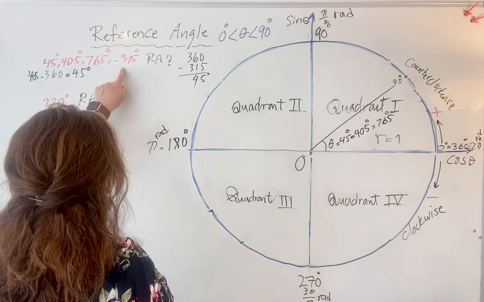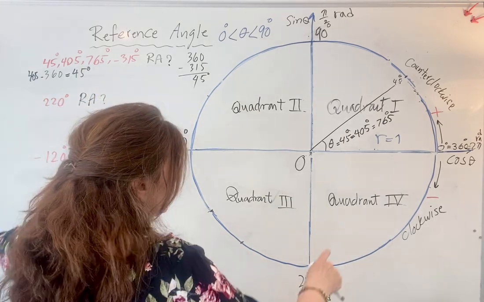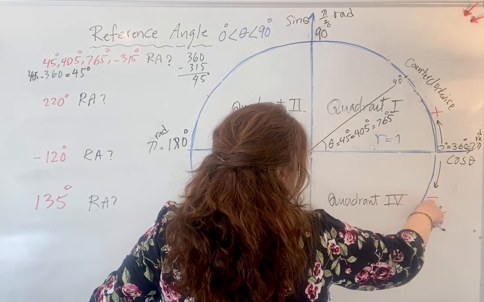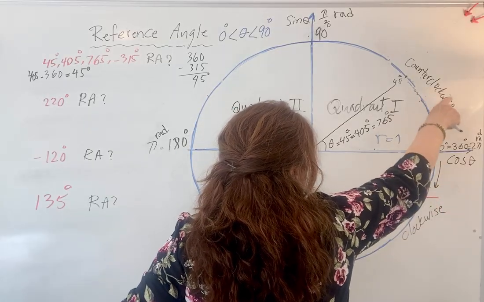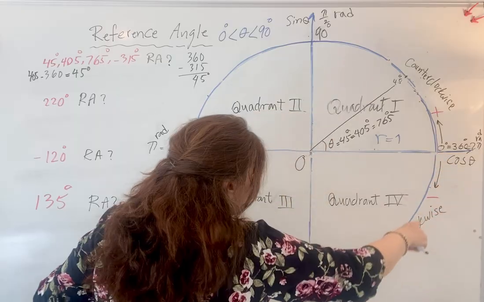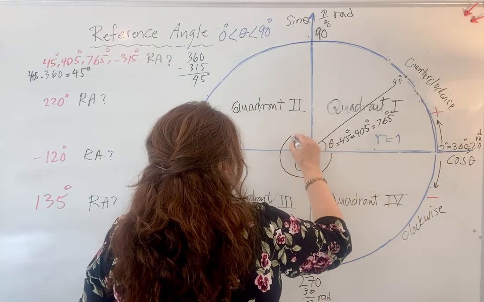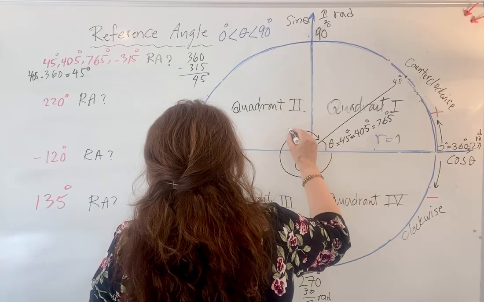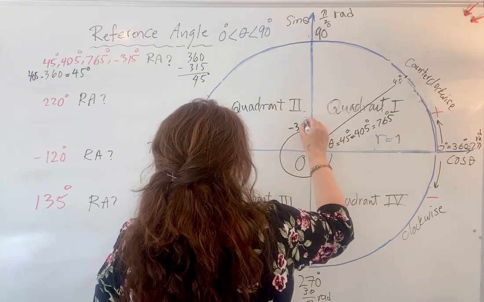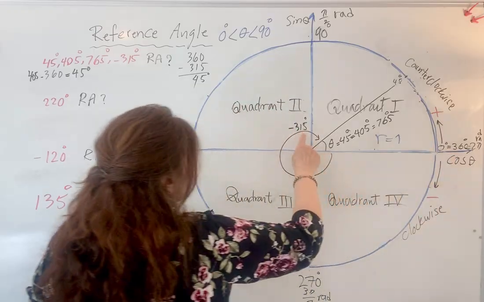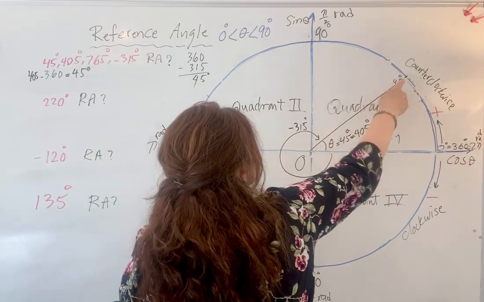How about this one? Negative 315. This way is clockwise, the negative way. This way is positive, counterclockwise. It means that from here to here is negative 315 degrees. Why? Because 360 minus 315 gets 45 again.